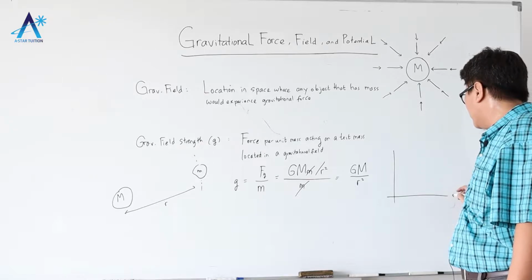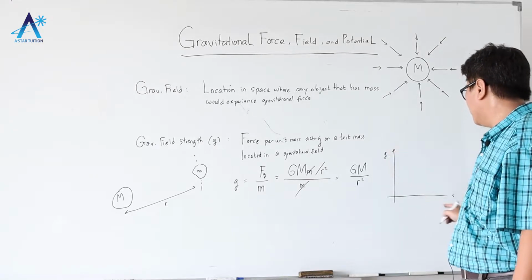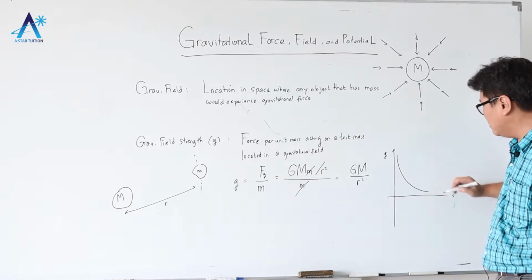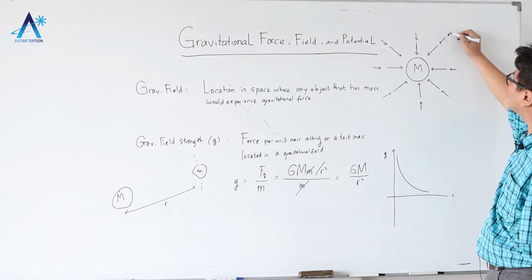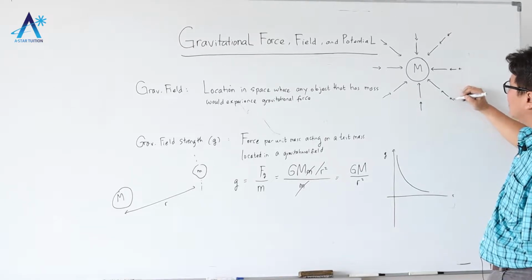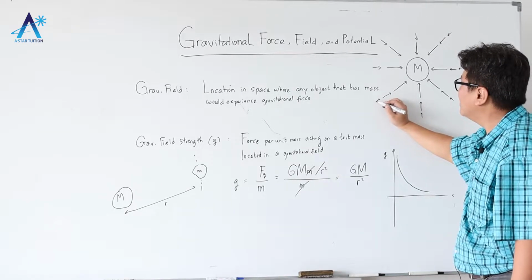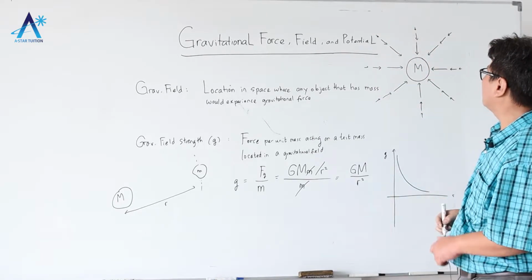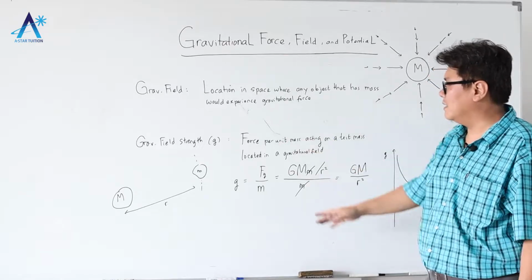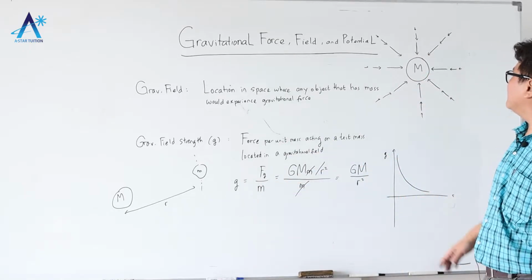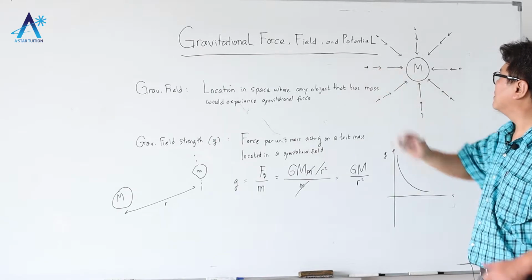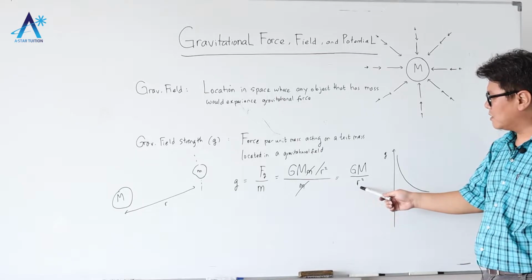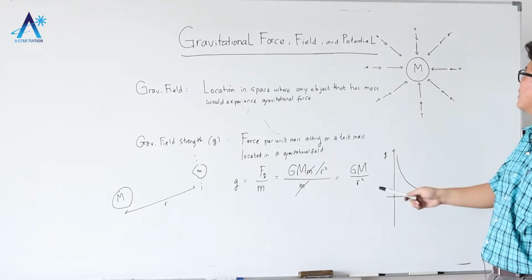If I were to sketch g versus r, it's going to look like this, and so 1 over r squared. You get the idea. So this is the gravitational field produced by capital M, and the magnitude is inversely proportional to the square of the distance. The further away, the weaker it gets.